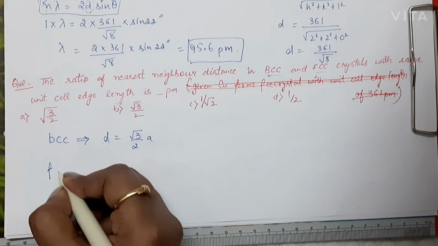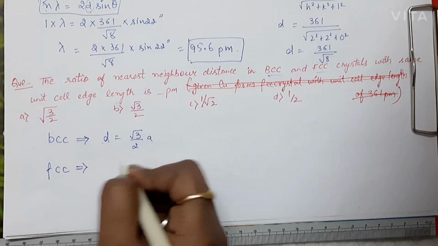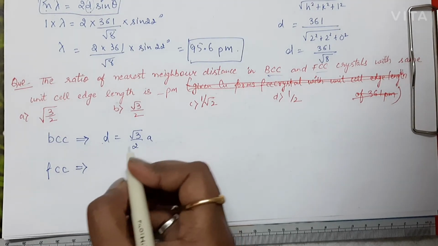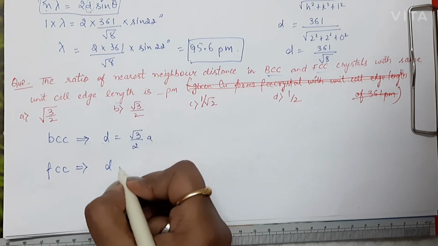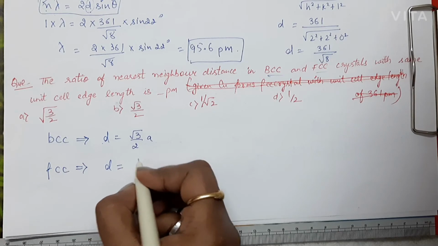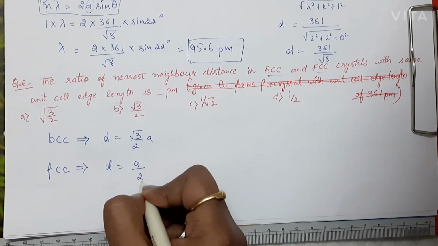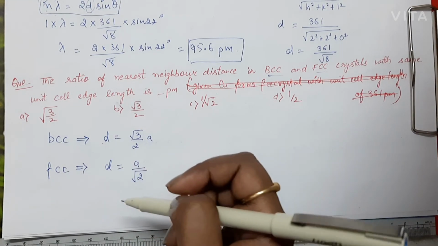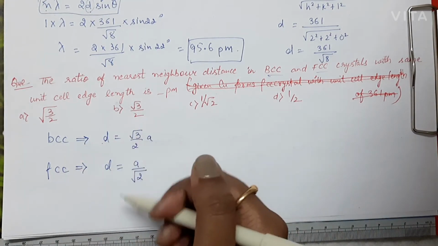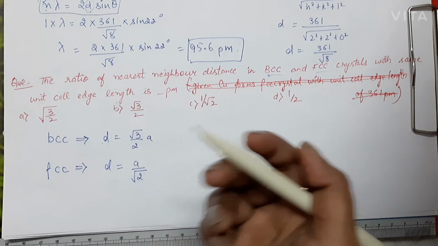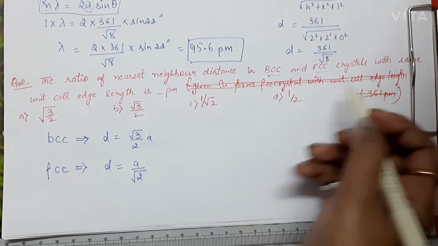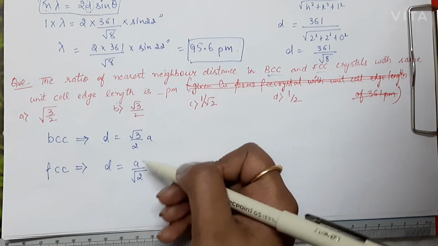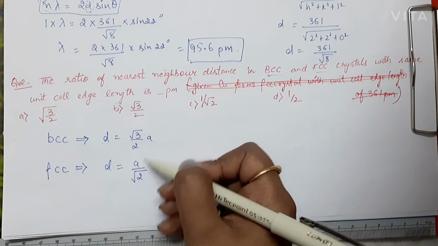Now if we talk about FCC structure, then in that case if we talk about the nearest neighbor distance, then that is equals to a by root 2. So these are the relations in case of BCC and FCC. So the relations are between d and a. Now unit cell edge lengths are same, so we need not play around with the a values here.